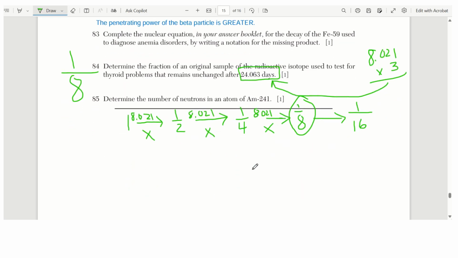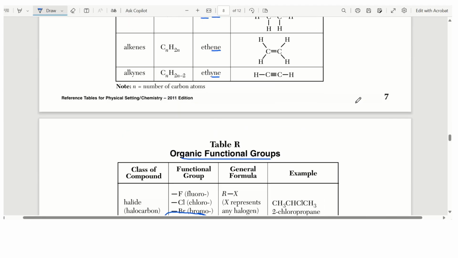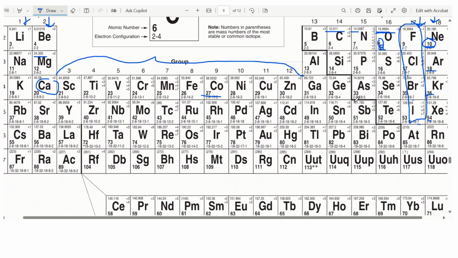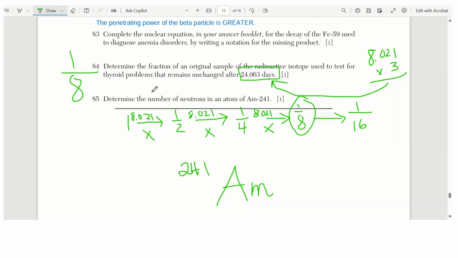And then our last question, finally: determine the number of neutrons in an atom of Am-241. So remember, the 241 goes at the top, but I need the atomic number because I can't do that without it. So I need to find it. Here it is way down here. There is its atomic number.